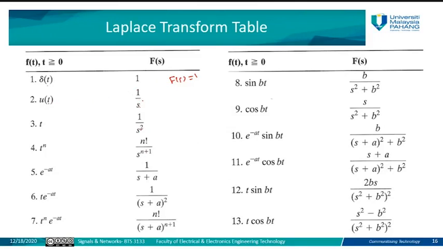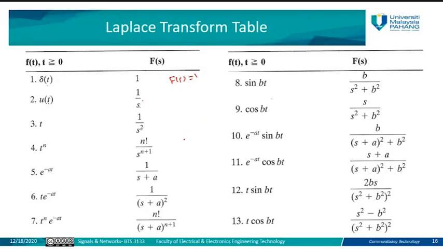You have 1 over s squared, so the inverse will be t. If you have 1 over s plus a, for example, it is exponent negative a t, and so on. So this table is very important to find the inverse Laplace transform and Laplace transform as well.